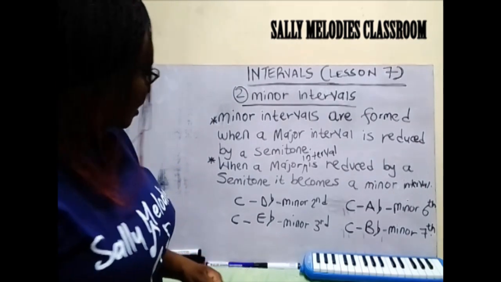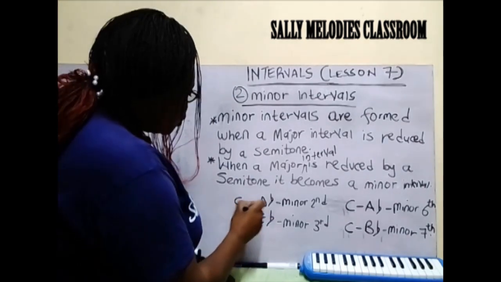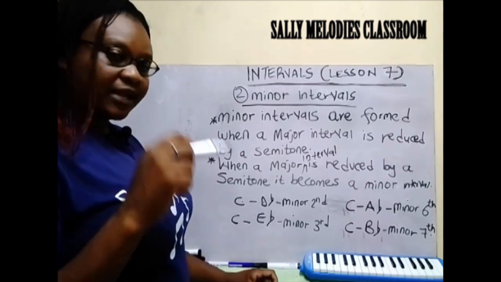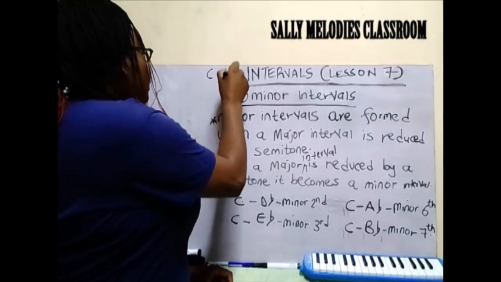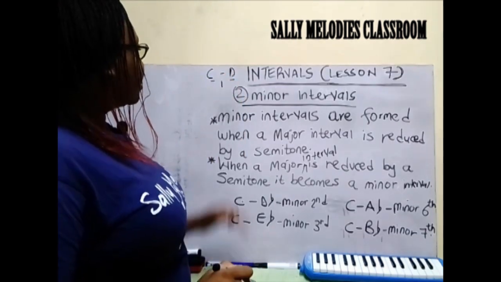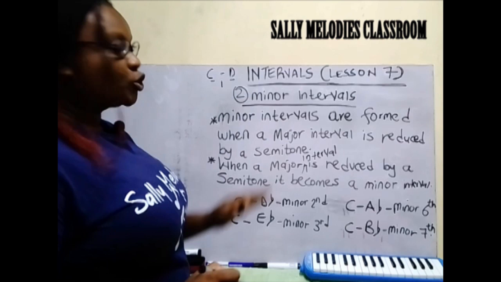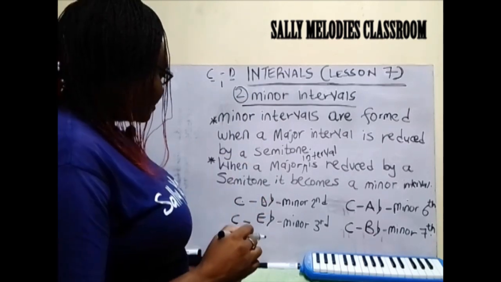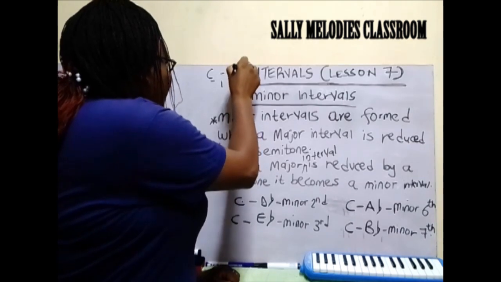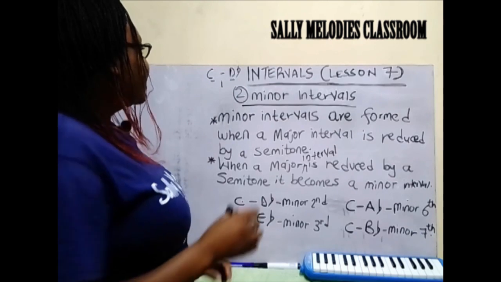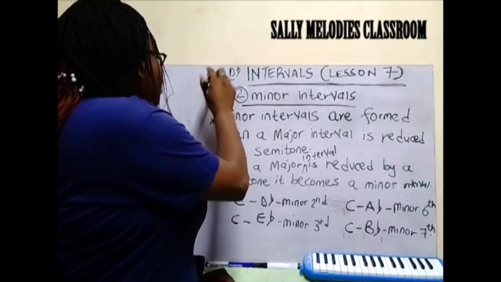For example, from C to D, it is a second. There is one tone between the two, a whole tone. And then, when we lower this, and it becomes a D flat, now we have reduced this to half.